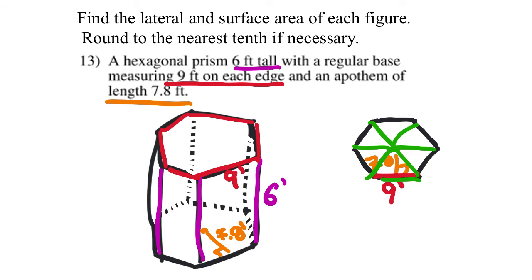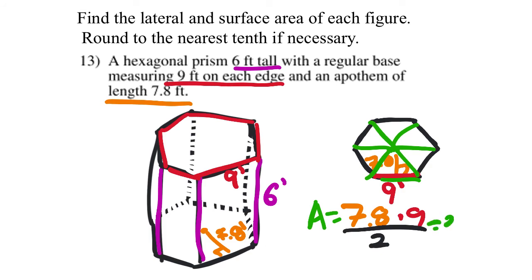And this would match if I had drawn that a little better. But I need to find the area of just one of those triangles. So that would be taking the height, that's 7.8 feet, multiplying it by 9. And again, we just need to divide that by 2. 7.8 times 9 divided by 2. And I get that the area of one of those triangles is 35.1 square feet.